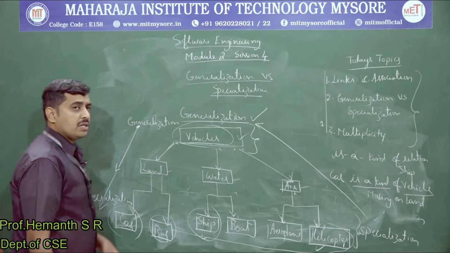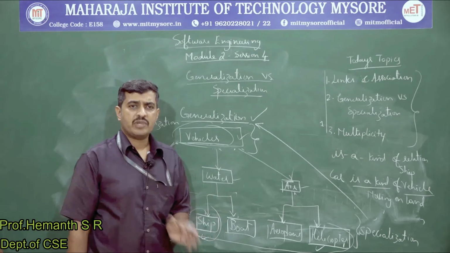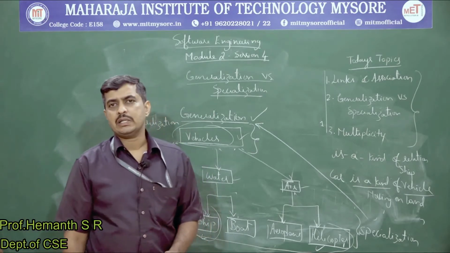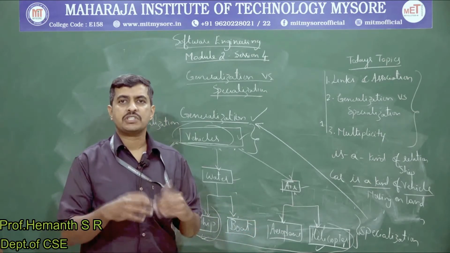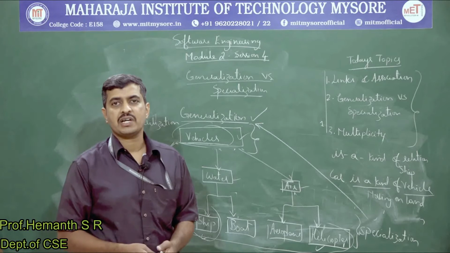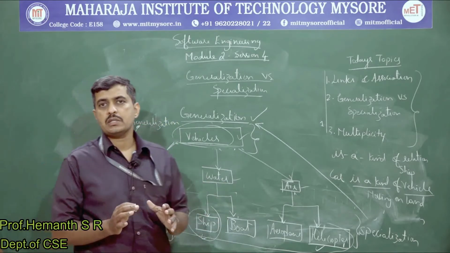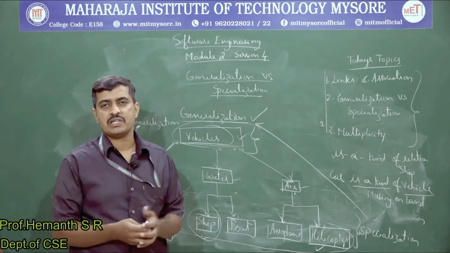So this was all about generalization and specialization. We understood, basically, generalization and specialization is used to either combine subclasses and come out with a more general superclass, which is generalization, or take a superclass and come out with subclasses which are more specialized.